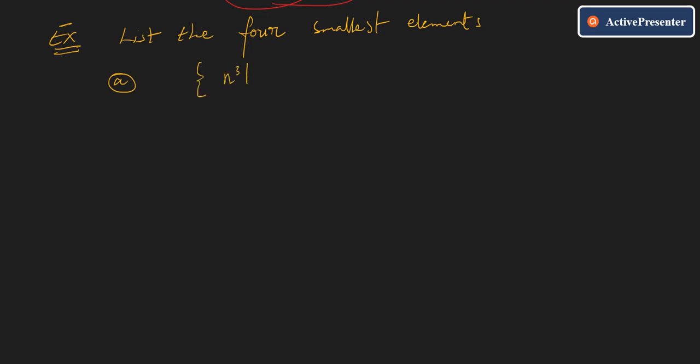Let's go through exercises. List the 4 smallest elements. First one, A. We have the set n cube such that n is an element of natural numbers.